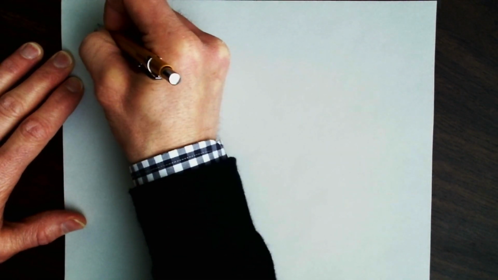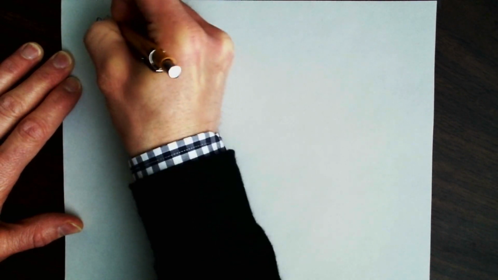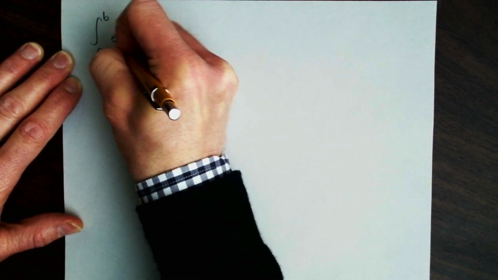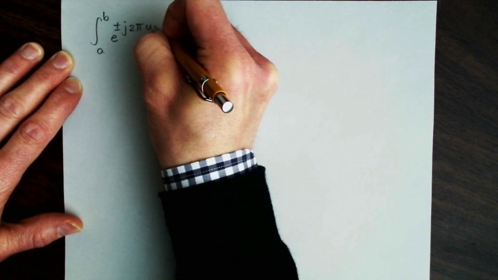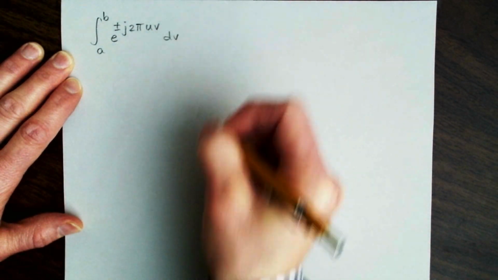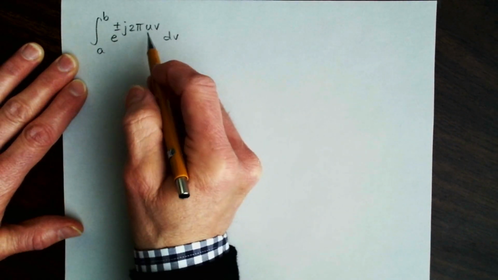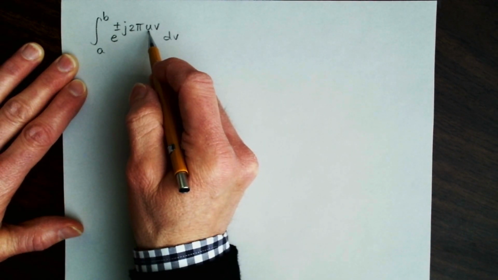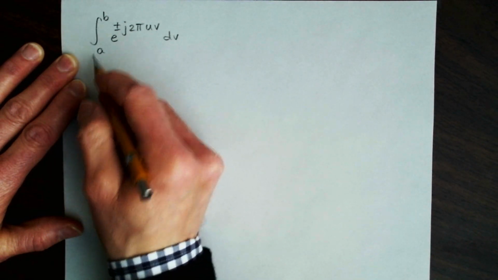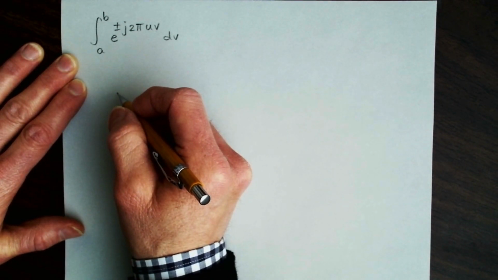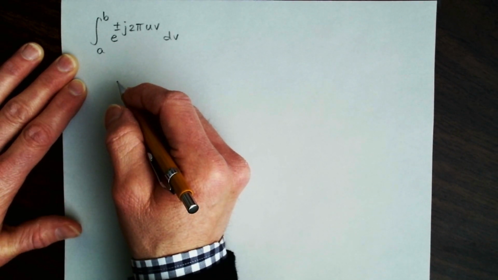So let's do this integral. I'm going to integrate from a to b of e to the plus or minus j 2 pi u v dv. So if we let u be frequency f and v be t, and use appropriate limits, we can recover the integrals that we've seen before.